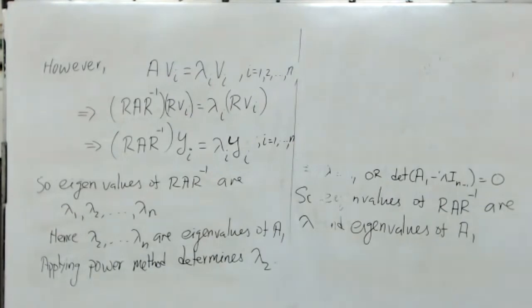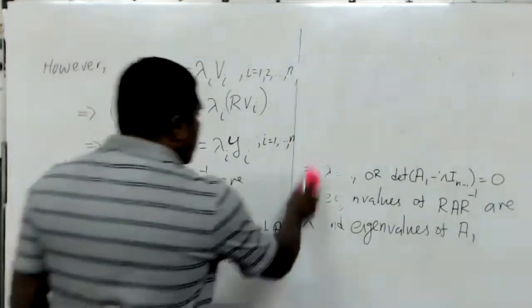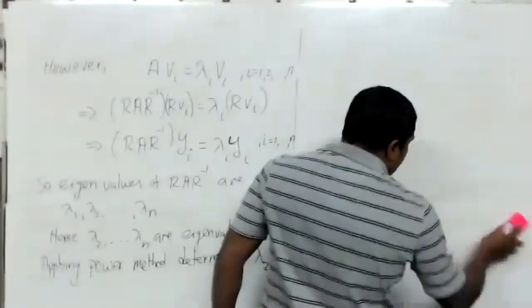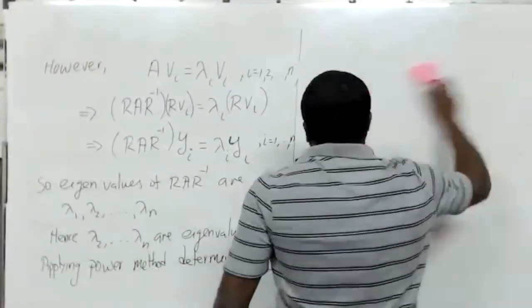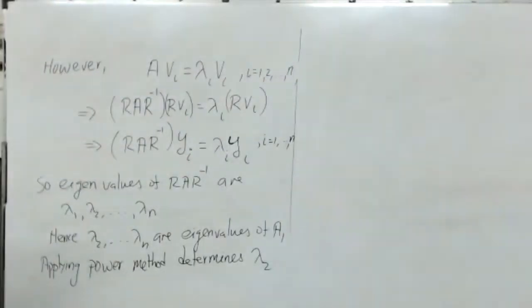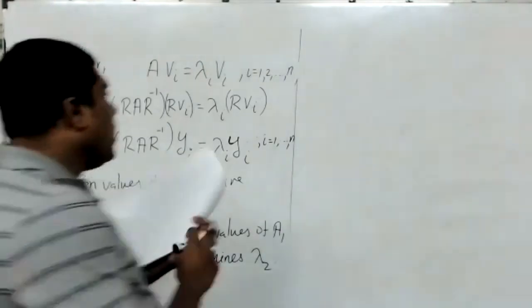Next line: R A R inverse times R Vi is equal to lambda i times R Vi. Sir, the small letters are not clear. Okay, I will just do an example and then finish, and I will put the video on YouTube again so you can see it again. Okay, sir, thank you.